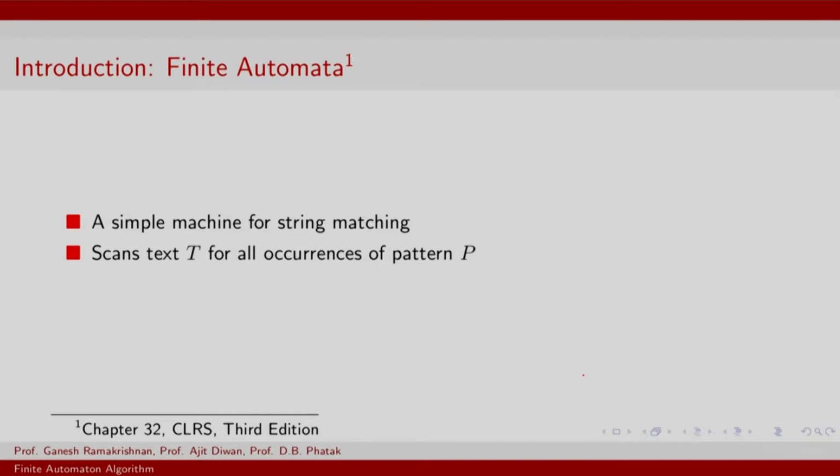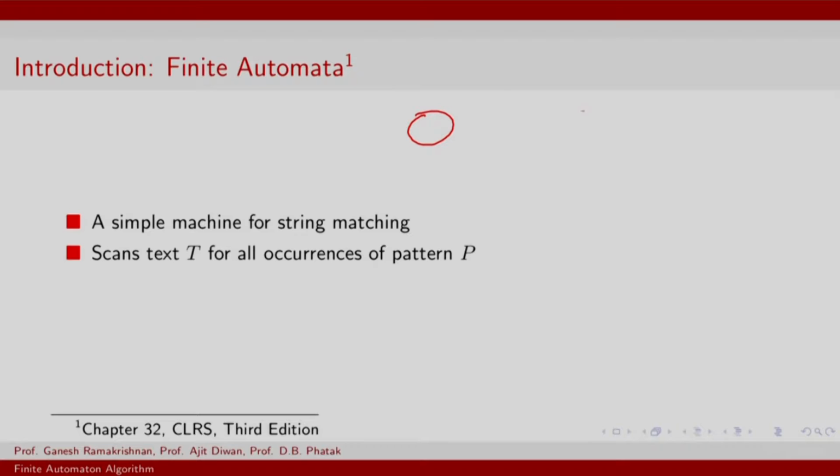What is a finite state automaton? It's a simple machine for string matching. A finite state automaton has an associated alphabet, and given any observation from the alphabet, the automaton makes transitions from one state to another state.